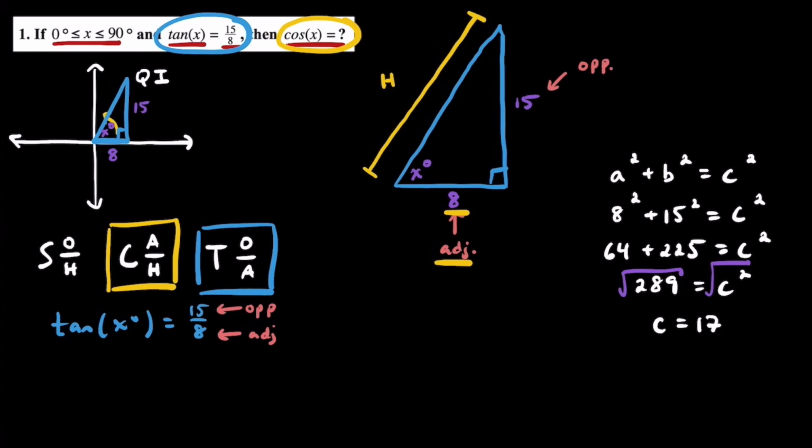So that's going to be the hypotenuse of this triangle. While we were given the information that tangent of x was equal to 15 over 8, which is the opposite over adjacent, we can now say that the cosine of angle x is the adjacent over hypotenuse, or 8 over 17. So cosine of angle x is equal to 8 over 17. That'll be our answer.